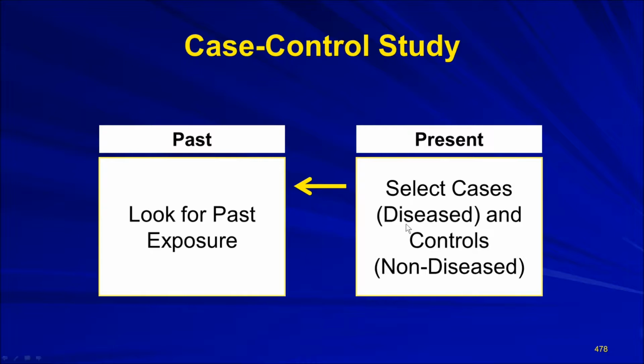But real important here, and I don't want to bypass this point, is defining a case. What are the criteria that go into defining a case? We need to have specific criteria, a list that is published, and those people who have a case have these characteristics, and those people who are non-diseased have these kind of characteristics.